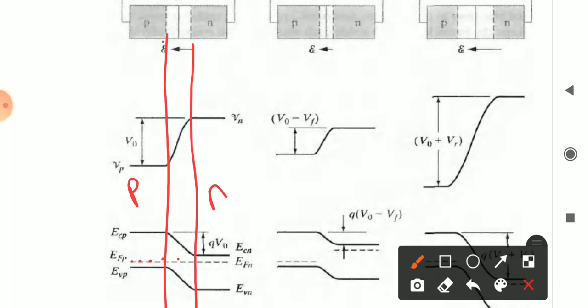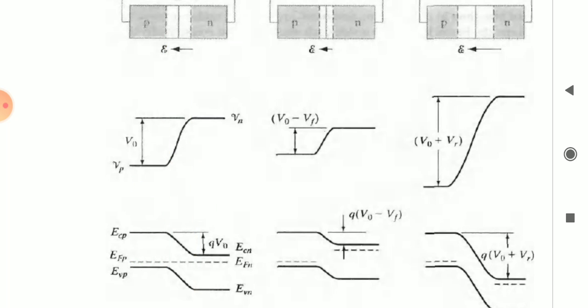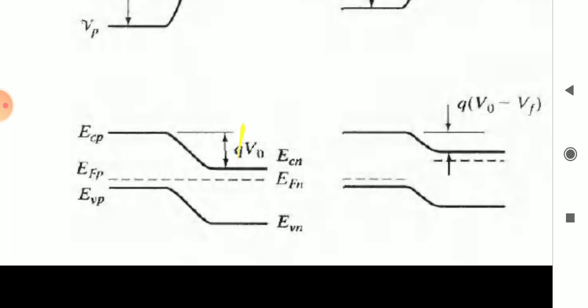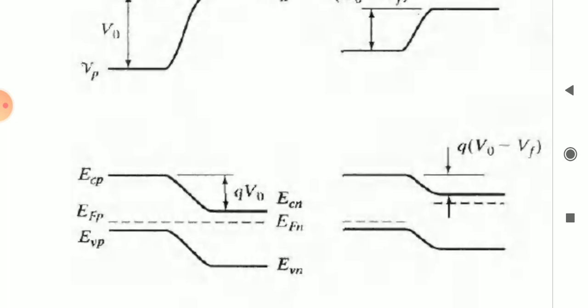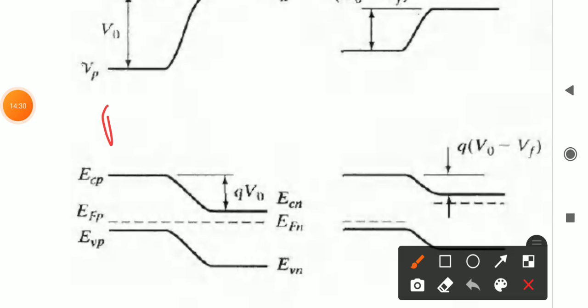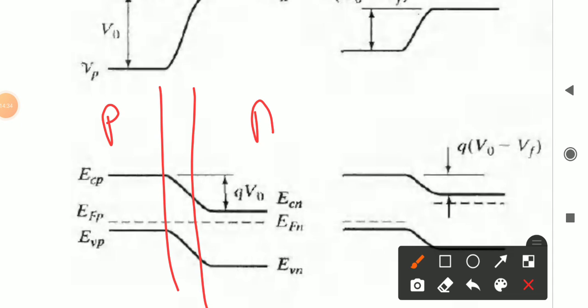EFP is the Fermi level of the P region and EFN is the Fermi level of the N region.